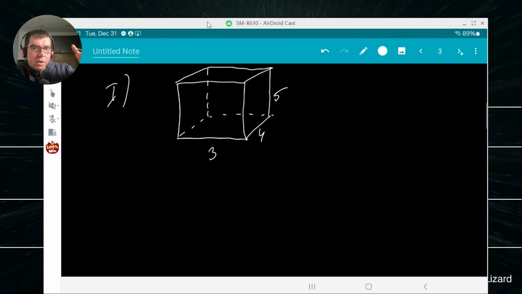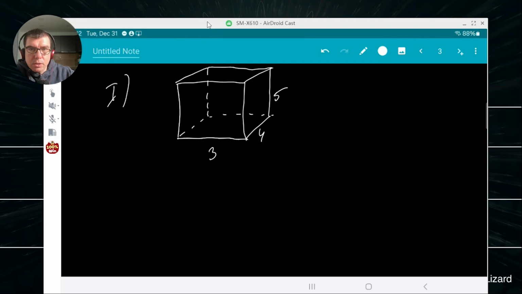I cannot glue the face which is 3 by 4 to a face which is 3 by 5 because they will not overlap, and the resulting figure will not be a whole prism. So I'm gluing identical faces and I have three options. Am I going to glue the 3 by 4 face to the other 3 by 4 face? Am I going to glue the 3 by 5 face, or am I going to glue the 4 by 5 face? Alright, so let's think about those three options, right?